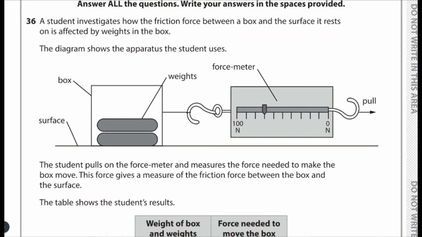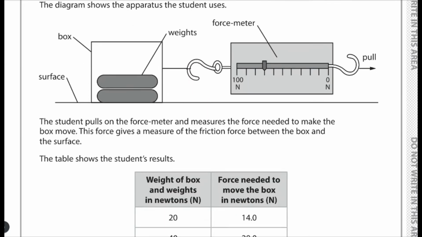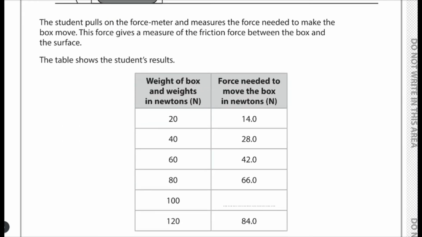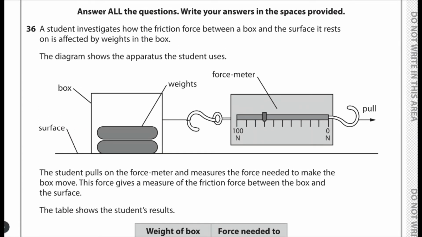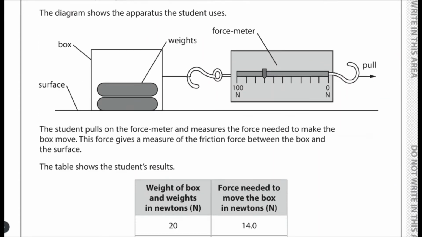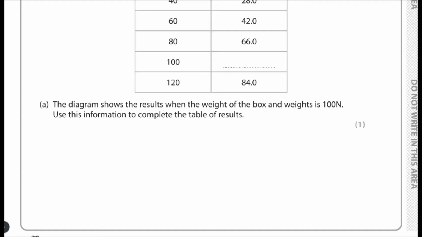36. A student investigates how the friction force between a box and the surface it rests on is affected by weight. When the weight increases, you can see the force needed to move the box, in newtons, changes. They have given 400 newtons. The diagram shows the results when the weight on the box is 100 newtons.